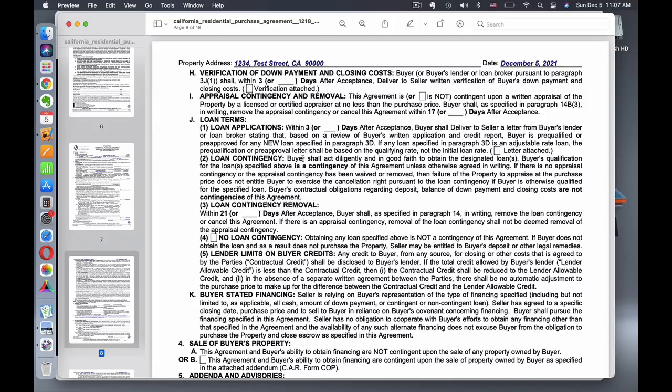So I want you to understand, we have seen this in the past, this last line: buyer's contractual obligations requiring deposit, balance of down payment, and closing costs are not contingencies.